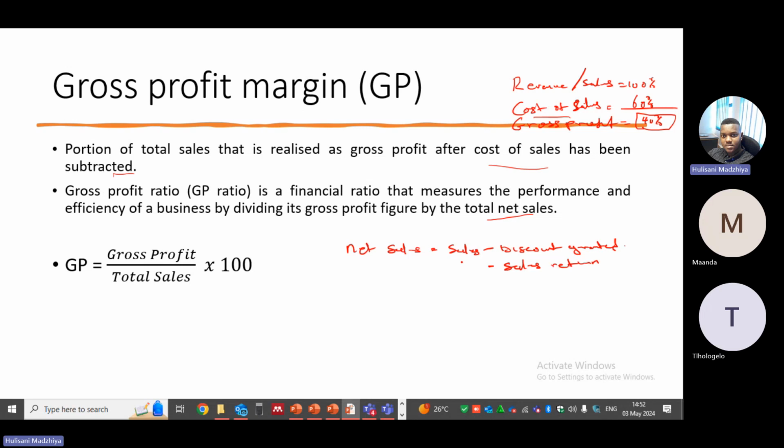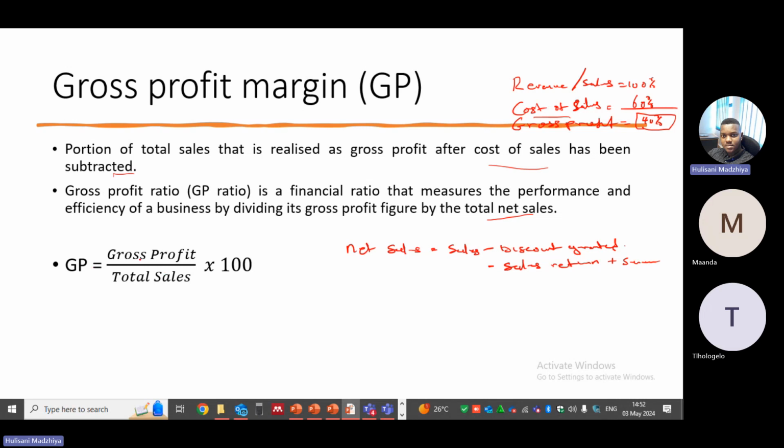All of this will give you your net sales at the end of the day. If the company's core activity is to sell product and render services, the net sales will also include plus services rendered income, in case the company also renders services as part of its core business activities.